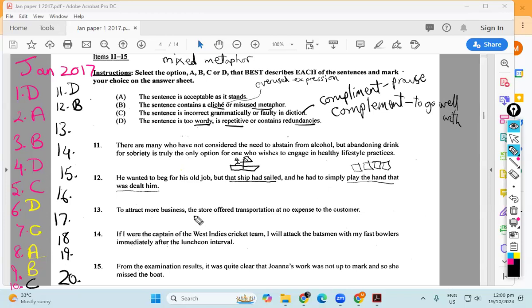All right, let's do 13 together, and then I'm going to give you time to do 14 and 15. To attract more business, the store offered transportation at no expense to the customer. Now, some people might be thinking at no expense could be free, and then that would be a shorter word than at no expense. Since that is the only example in the sentence of something you could remove or change or reduce in words, I personally would leave it and not flag that as an error.